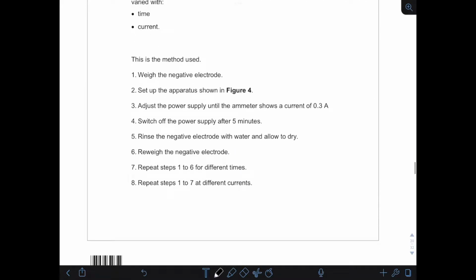And the method is: weigh the negative electrode, set up the apparatus, set a constant current of 0.3 amp, and after 5 minutes wash the electrode and reweigh, and then repeat steps 1 to 6 for different times, and then do the same for different currents. Okay, that sounds like a decent method, I suppose.